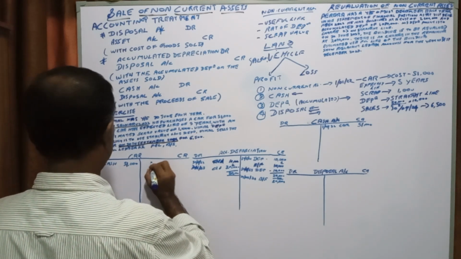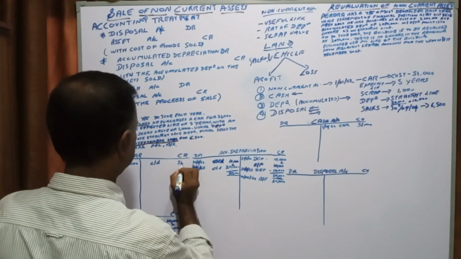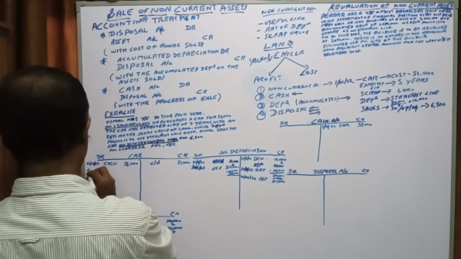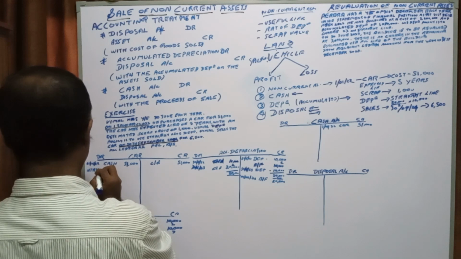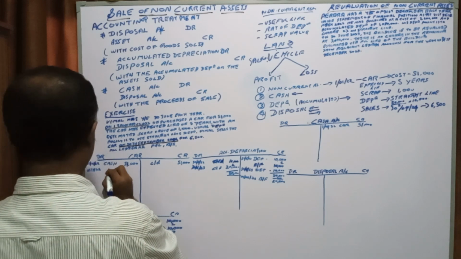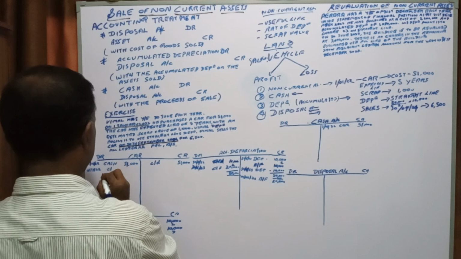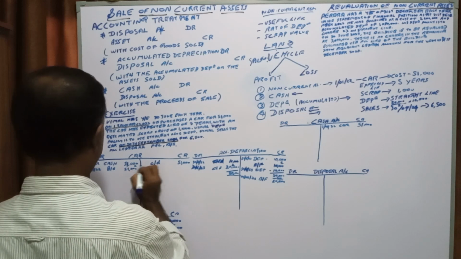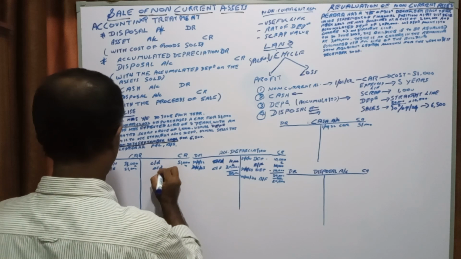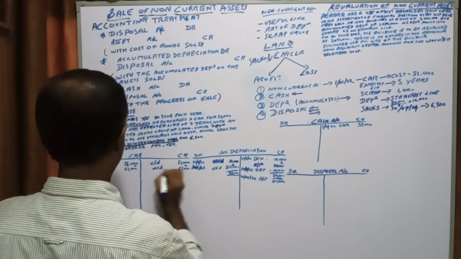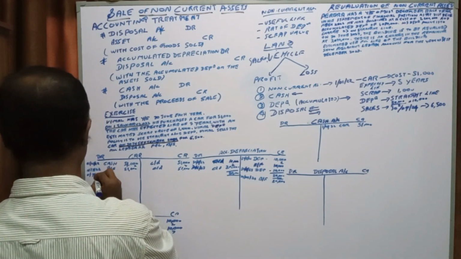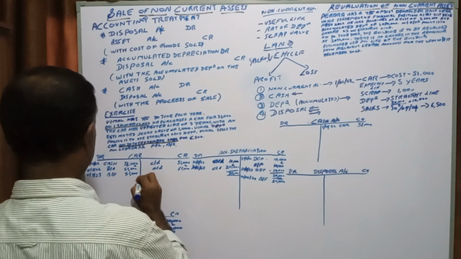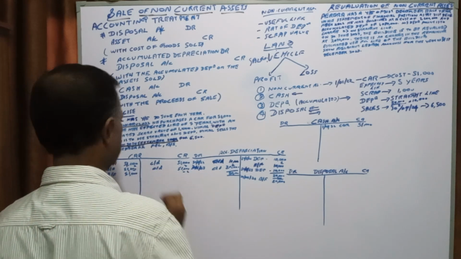The carried down balance is 51,000. On 1st July 2022, the brought forward value is 51,000 and the carried down value is also 51,000. On 1st July 2023, the brought forward value is 51,000.